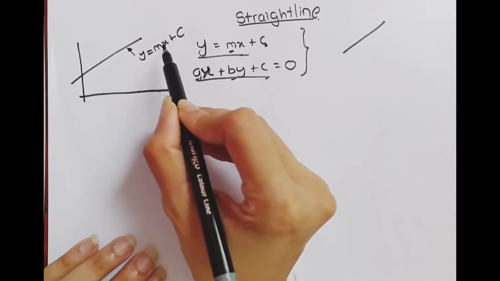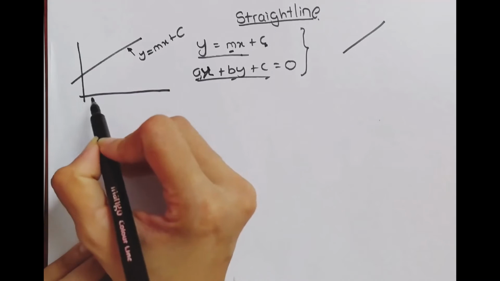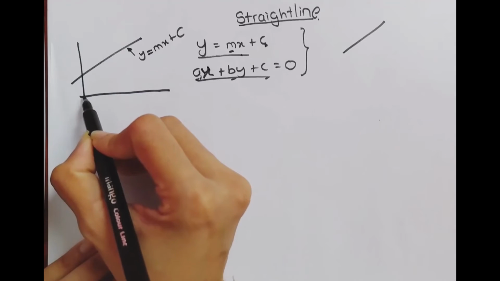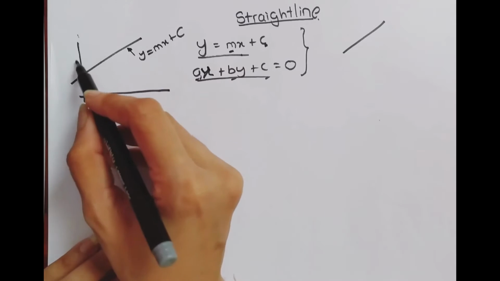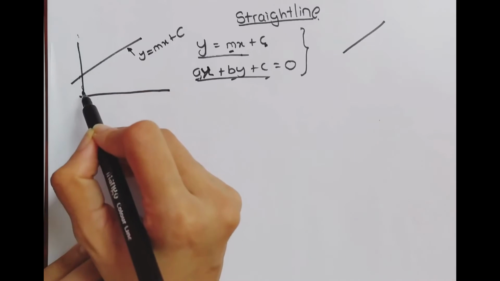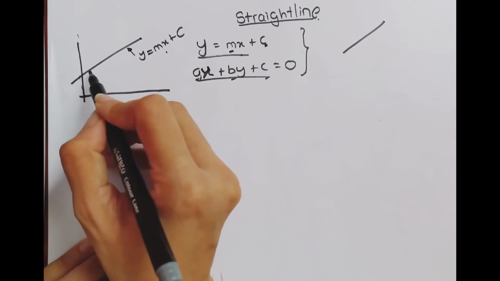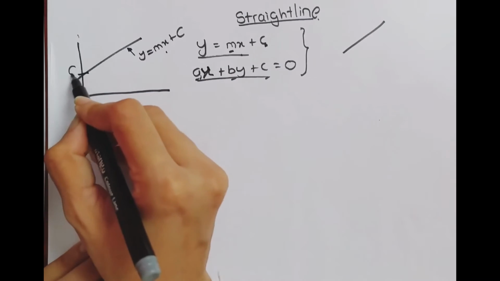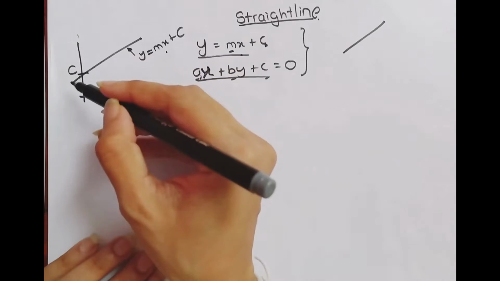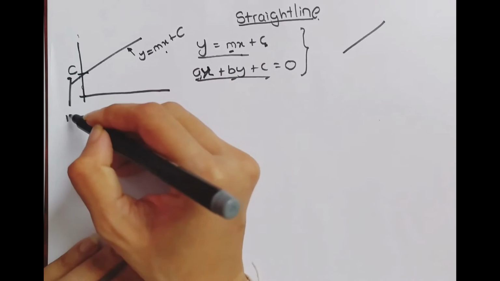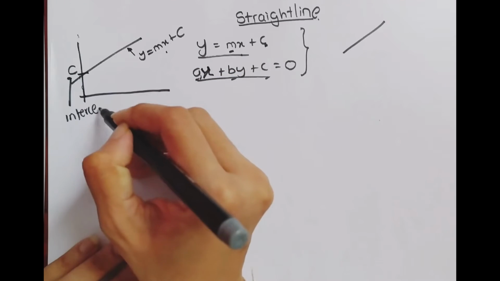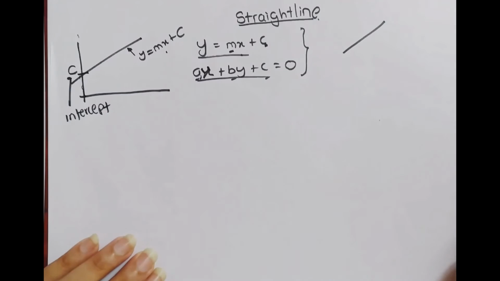When x equals 0, it is on this line, which is the y-axis. So where x equals 0, y equals c, and we call that the intercept.